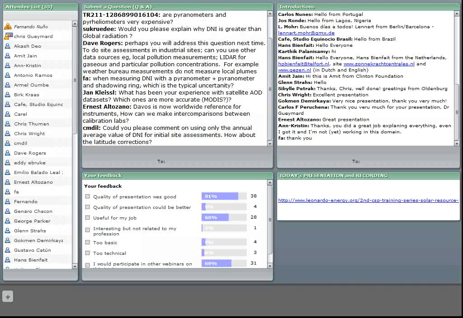Latitude is not really a problem. You can have very high DNI at high latitudes, although generally, as you have seen on the maps, it's around, I would say, 35 degrees north and south, within that band.